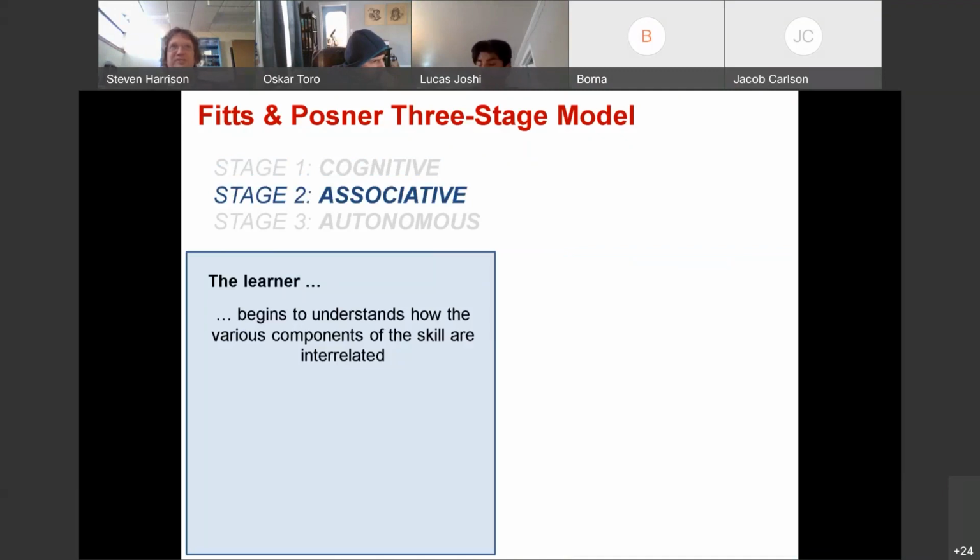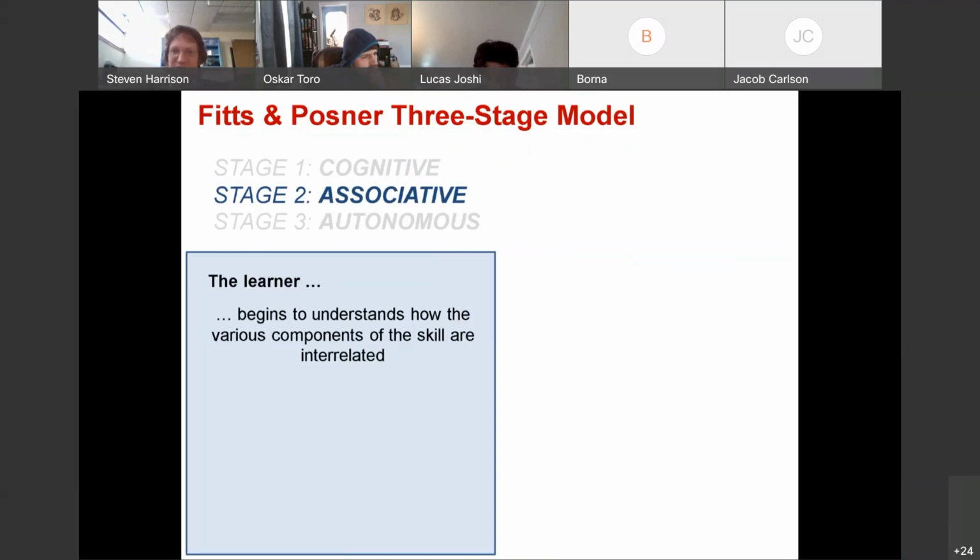Okay, so we've moved from the cognitive stage to the associative stage. In the associative stage, the learner is going to begin to understand how the various components of the skill are interrelated. When I described the difference between the novice shoelace tier and the expert, I talked about the expert having a blur of motion.